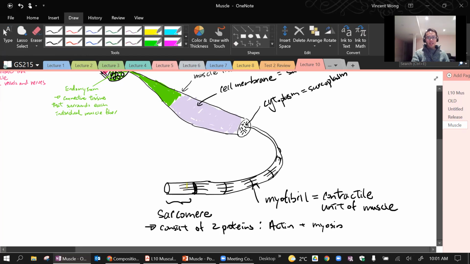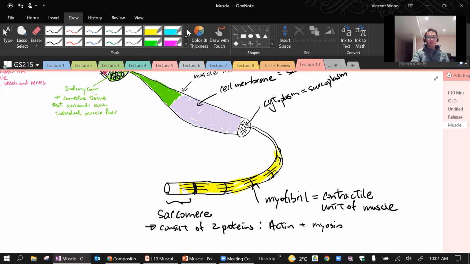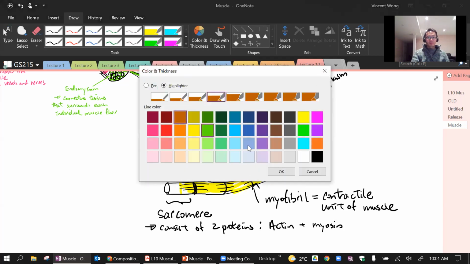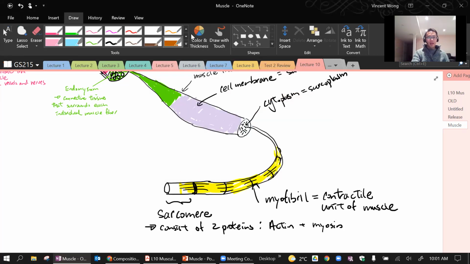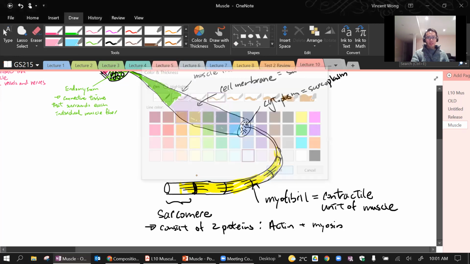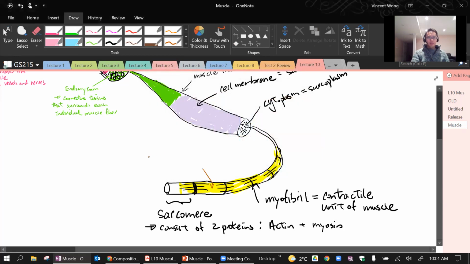Now, just one last thing, I promise. Covering the myofibril is going to be this endoplasmic reticulum, right here, which again has a special name, sarcoplasmic reticulum.